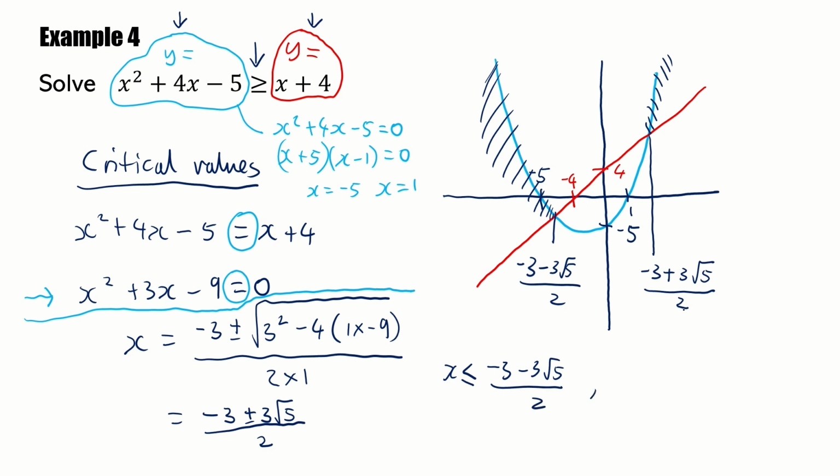And then as a separate inequality, because it's a separate region on the graph, we have x is greater or equal to, because it's to the right of our second critical value, the part of the graph we shaded, and therefore x is greater or equal to minus 3 plus 3 root 5 all over 2.